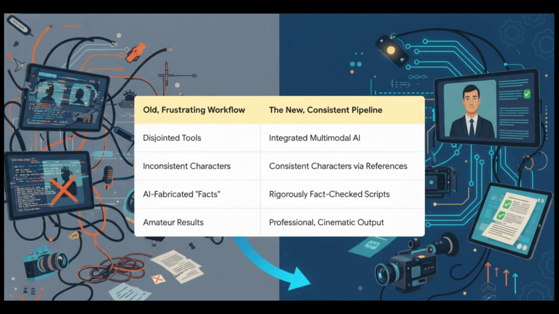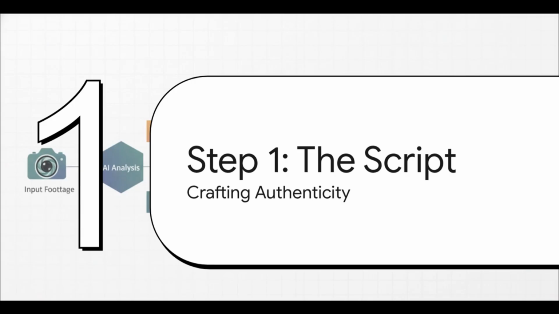This one uses what's called multimodal AI, which is just a fancy way of saying a single system that can handle text, images, and video all together. The new way prioritizes rock-solid, fact-checked scripts and uses character references to get you that professional cinematic look we're all after.